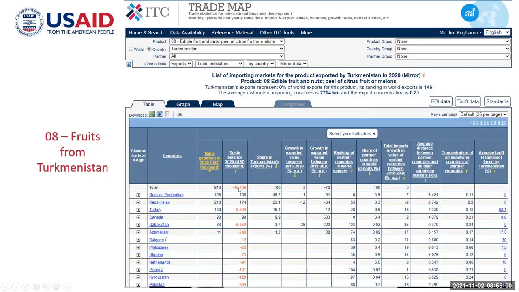This data shows you trade balances, their global trade balance. So in this case, for example, 08, they're importing a lot from Turkey and a lot from Uzbekistan. And for Russia, they actually have a trade surplus. You can see what percentage of the market share the countries are. So if I'm exporting a product that falls into this category, obviously Russia is the number one.